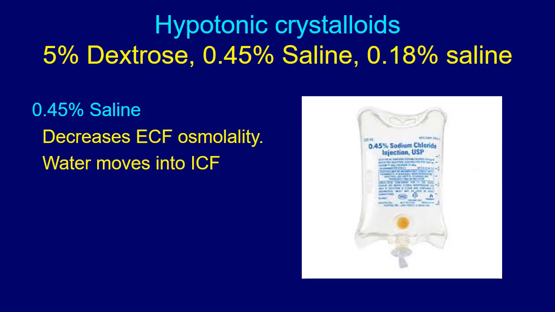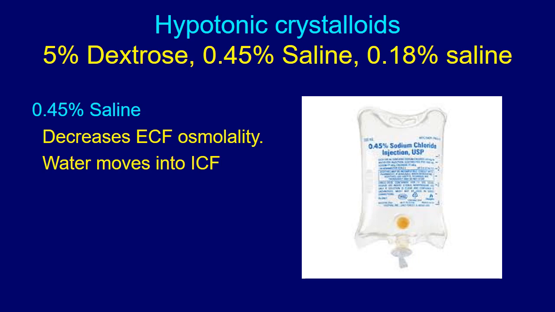Now let us see a few examples of hypotonic crystalloids. The tonicity of these crystalloid solutions is less than that of serum. So examples are 5% dextrose, 0.45% saline, which is also called half normal saline, and 0.18% saline, which is one fifth normal saline.